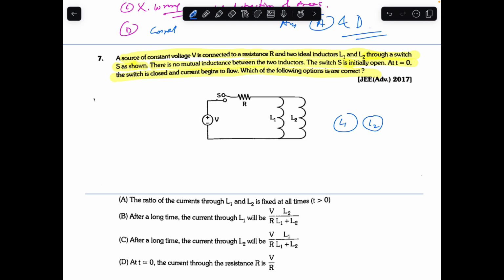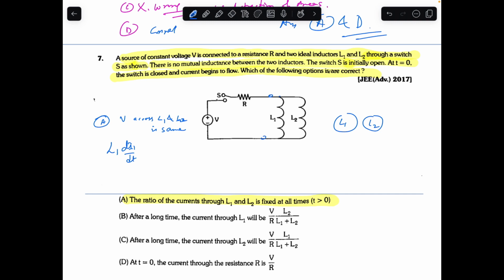So what will be the steady state current? First one, the ratio of current through L1 and L2 is fixed at all time. So let us see option A, ratio of currents. Can I write that the voltage across both will remain the same? Voltage across L1 and L2 is the same.